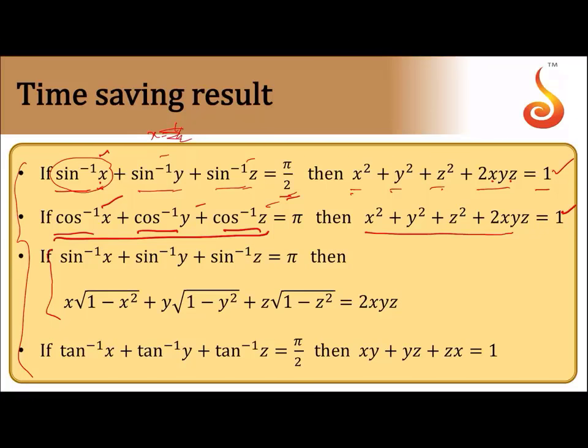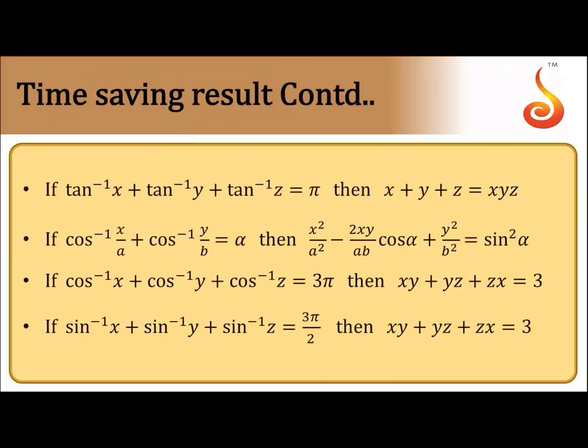We'll consider the values and simplify this one. These are some of the basic standard results. If you can remember, you can save your time and simplify. Direct answers can be written in the examination, or else we can derive the concept. And among these, I think this will be very simple to remember.